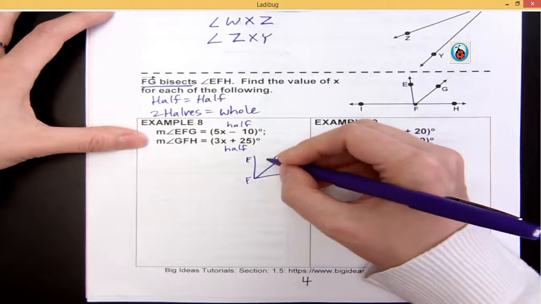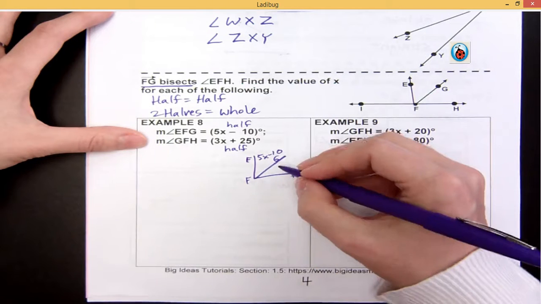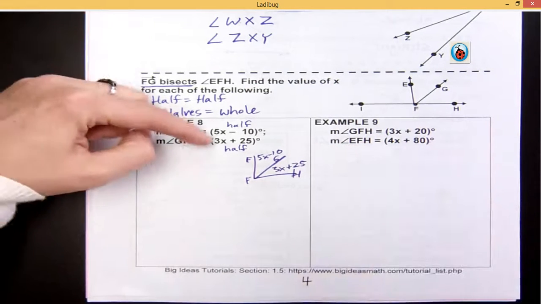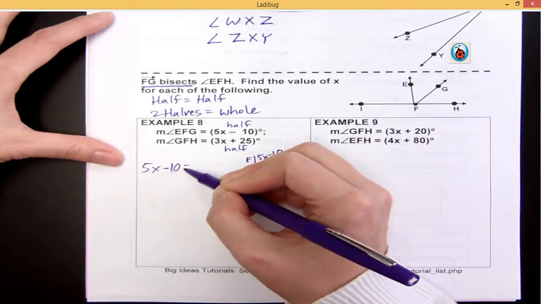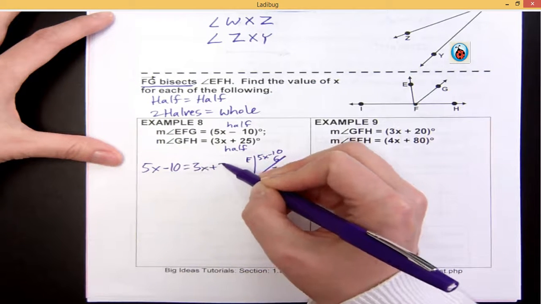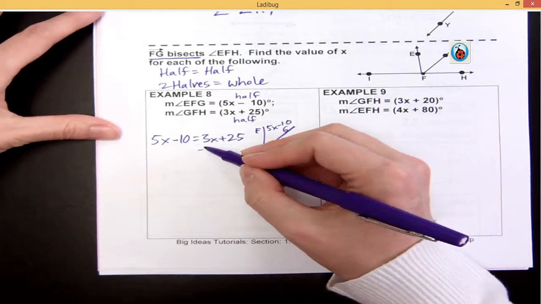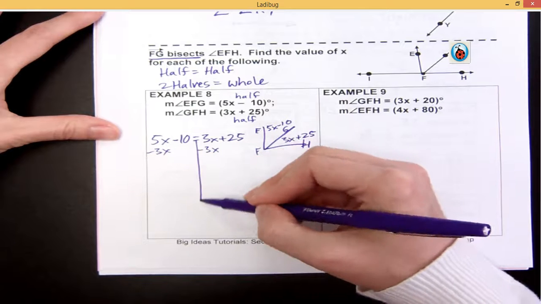EFG is 5x minus 10. GFH is 3x plus 25. Or I can just recognize I have halves, so I just set it up. 5x minus 10 equals 3x plus 25. And I solve for x. I'm going to subtract 3x from both sides of my equation.